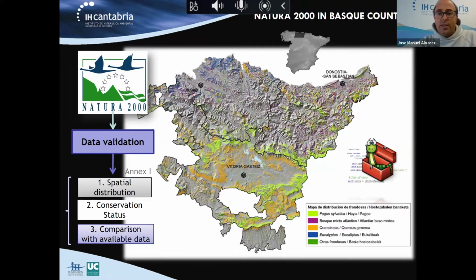Some couple of years later, we had a very good collaboration with the Basque Country government, because they had information from Nature 2000 covering the whole territory, very high quality information, following a EUNIS classification type of the habitats, with information about conservation statuses and so on. And they wanted to know how this kind of methods, hopefully in situ previous information plus remote sensing, were able to repeat those results.